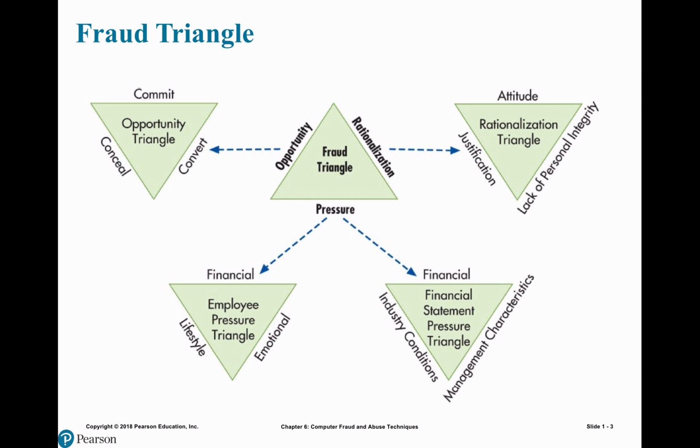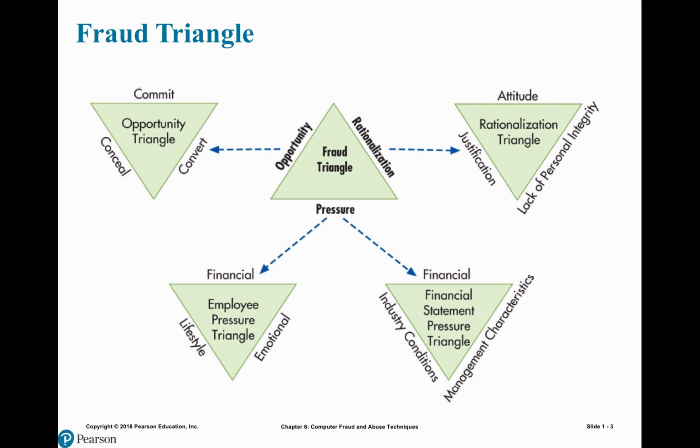In this chapter, I'm not going to talk about all the frauds, but we will talk about computer fraud. Here the fraud will happen if three elements exist together at one time: pressure at personal or corporate level, opportunity at personal or also corporate level, and rationalization at both levels.